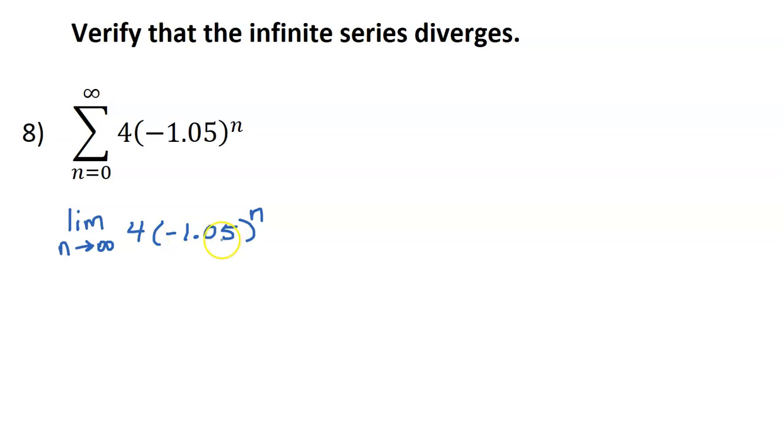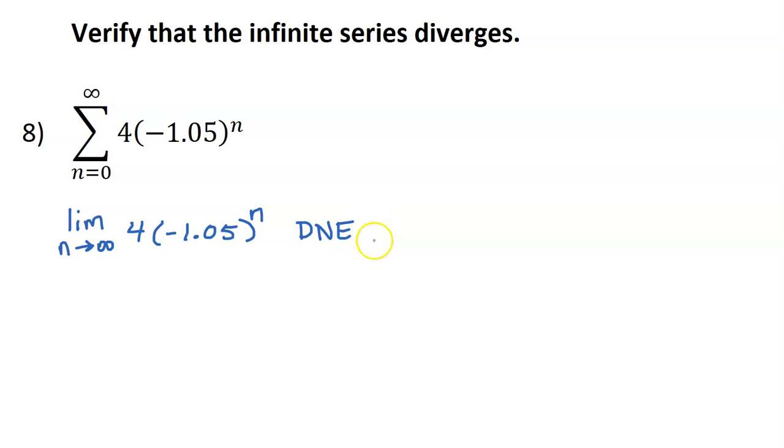Therefore, 4 times this number will keep increasing in absolute value as n increases. So already that tells us that the limit does not exist. On top of that, the sign will keep oscillating back and forth between positive and negative as n changes from an odd exponent to an even exponent to an odd exponent.